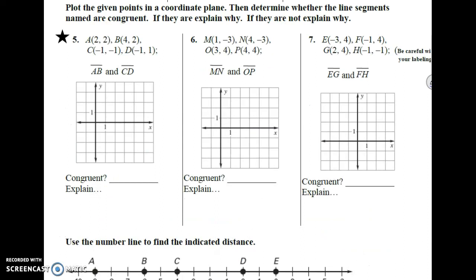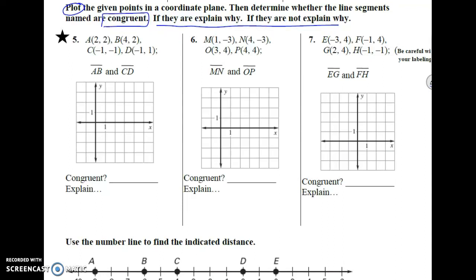In this question, they ask us to plot the given points on the coordinate plane and determine whether the line segments named are congruent. If they are, explain why, and if they are not, explain why. So I look at question number 5 here, the one with the star.